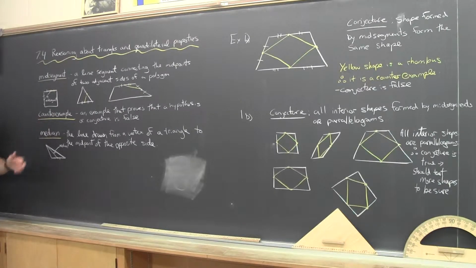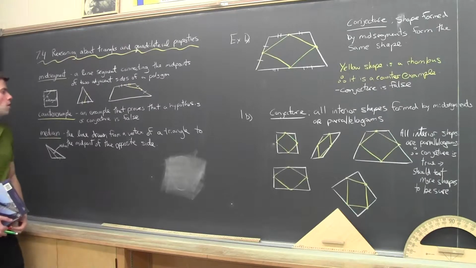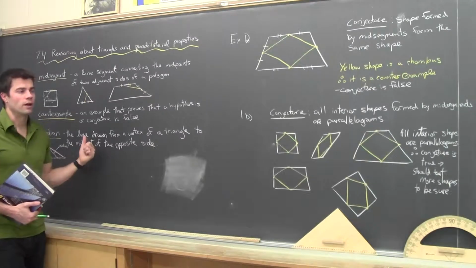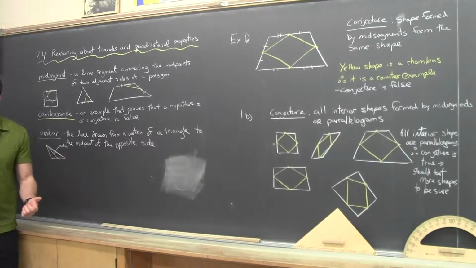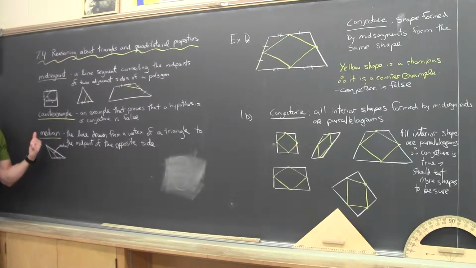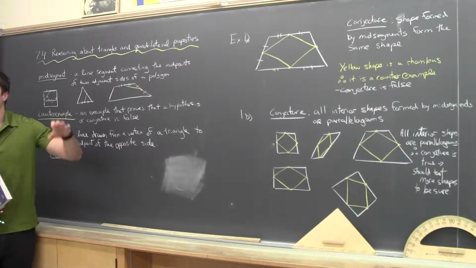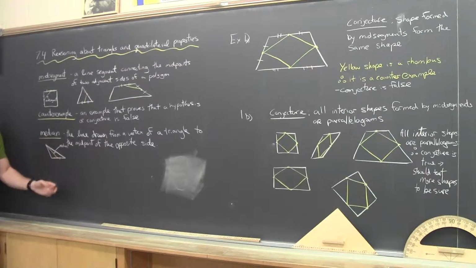The counterexample is an example that proves that a hypothesis or conjecture is false. So in other words, the counterexample is an example that is opposite to what we made a conjecture about. If I say, in the last test we had, a measure of heart rate versus temperature, that my conjecture is heart rate increases as temperature increases, but then I look at one example and I see a very low temperature and a very high heart rate, that would be a counterexample.